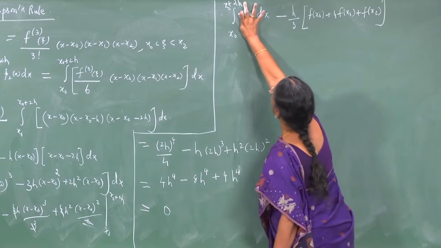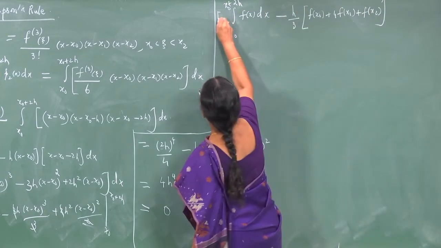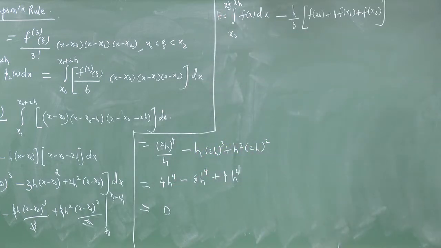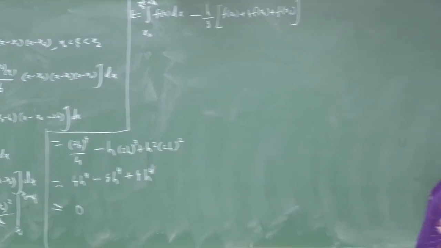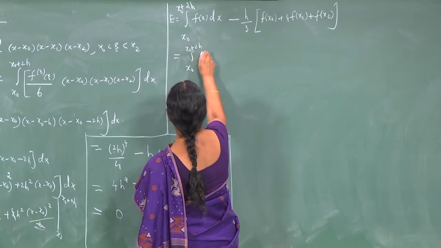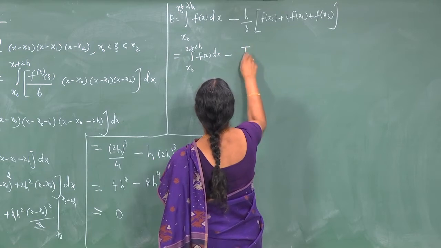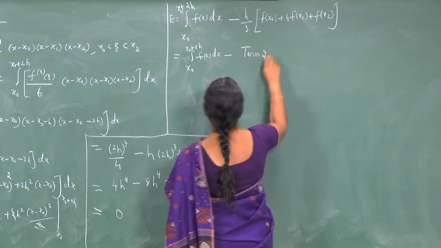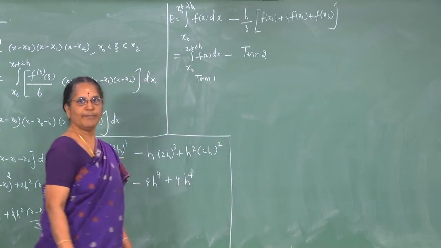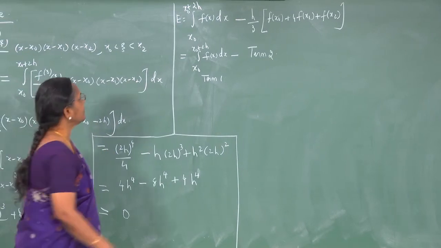We approximated this integral by this method. So, the error is this minus the method that evaluates this integral approximately. So, it is the integral from x0 to x0 plus 2h of f of x dx minus, I shall call this term 2 and this term 1, and evaluate one by one, and then finally see what the difference is.